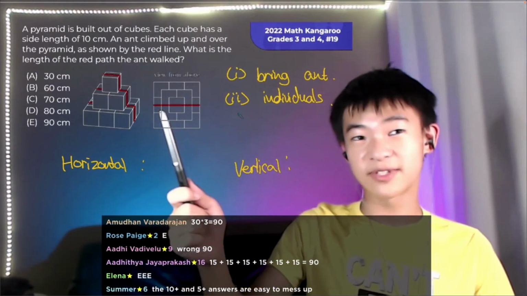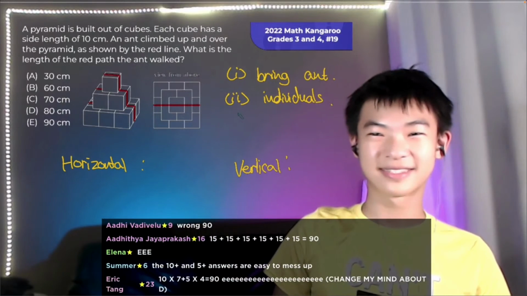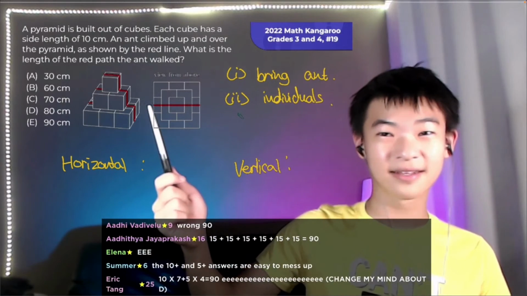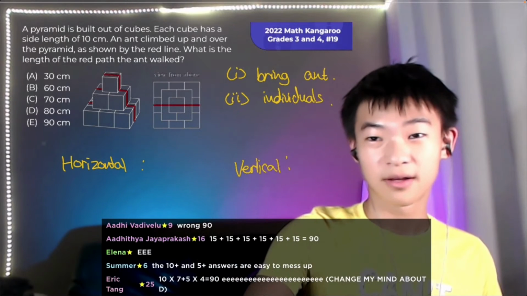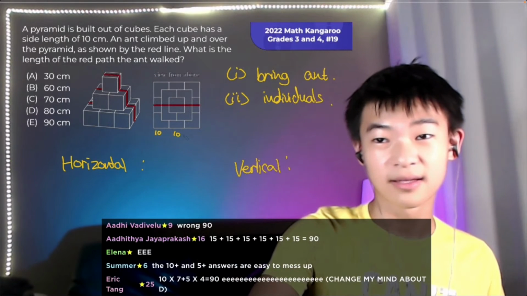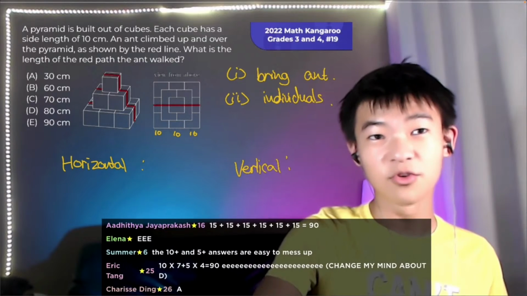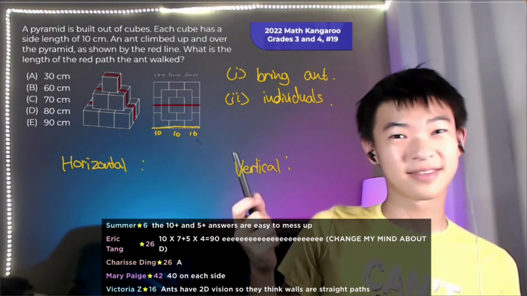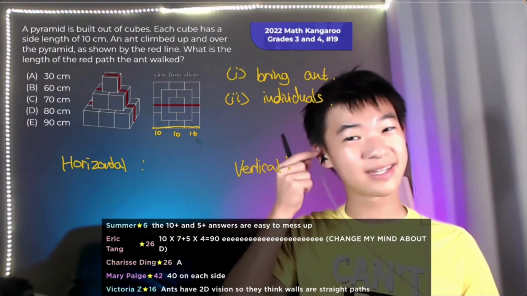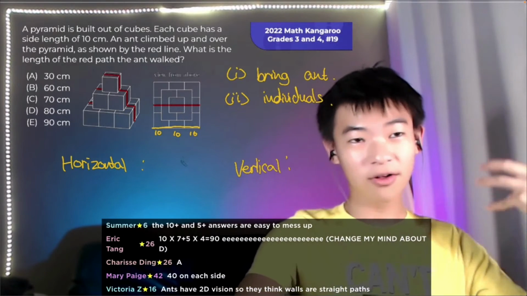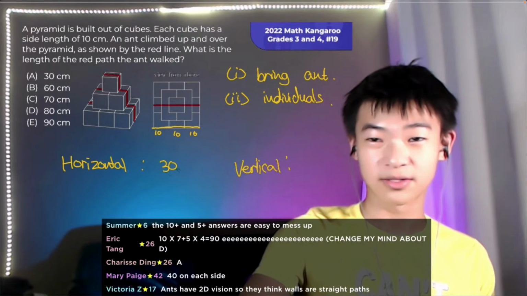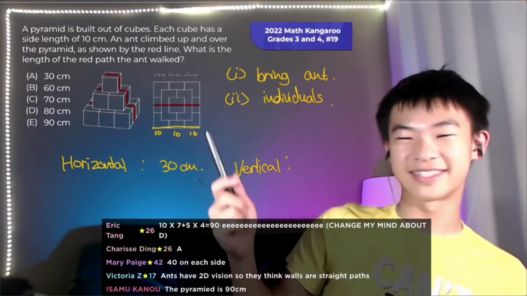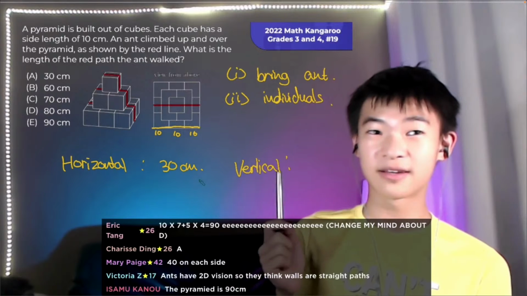So all that horizontal sum together is just this. And what is this? Let's look at the outer picture. This is 10, this is 10, this is 10. We could sort of move that red line down here to this yellow line. And that's 3 squares, 3 cubes, side length 10. Horizontal, we sum all those lengths up, we have 30 centimeters. It's really just this. And then vertical.